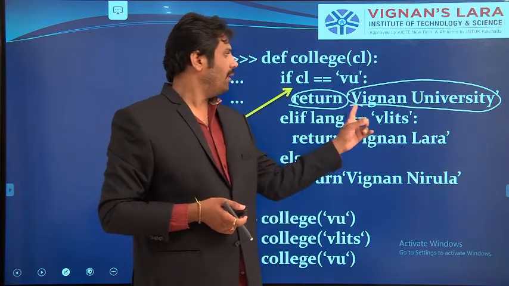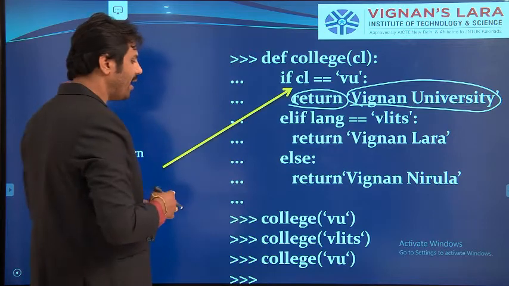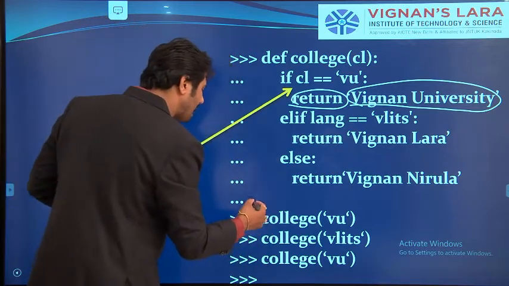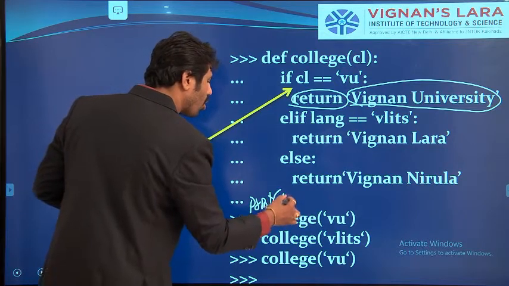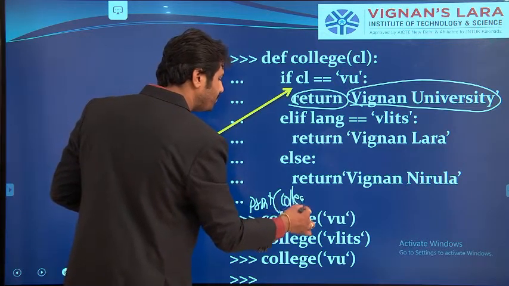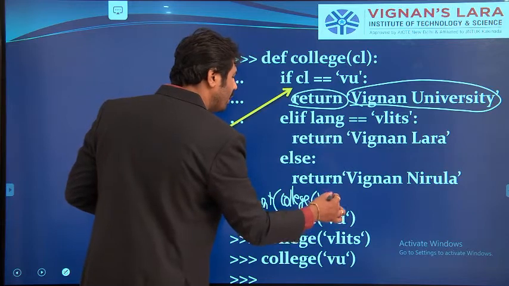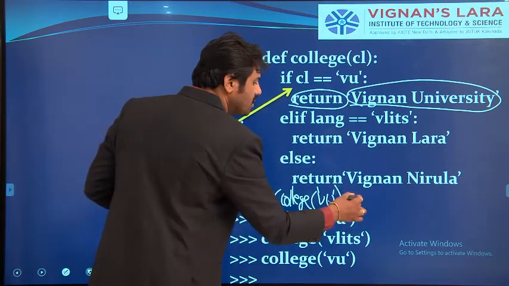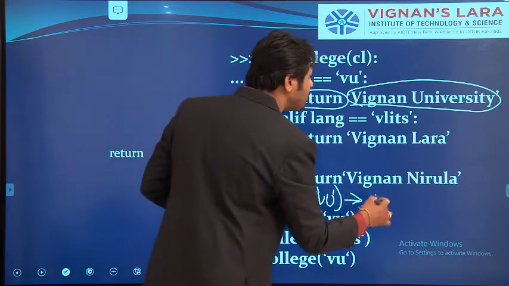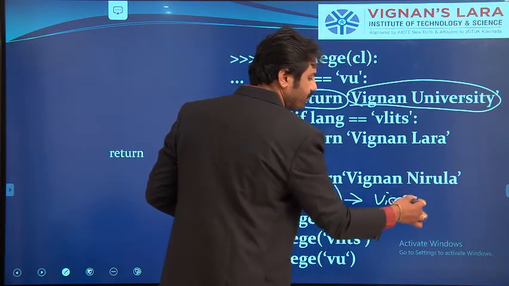So at this time you are going to write print college of VU, a statement like this, and only then it prints Vignan University.